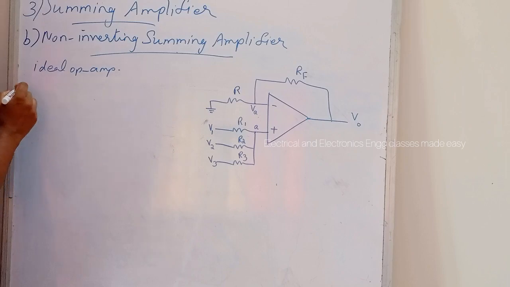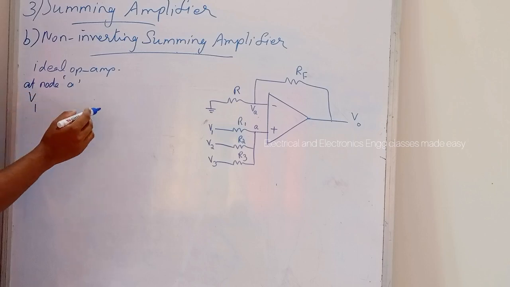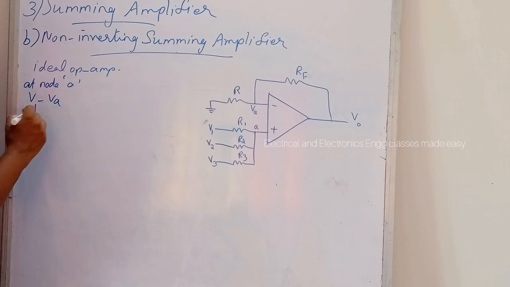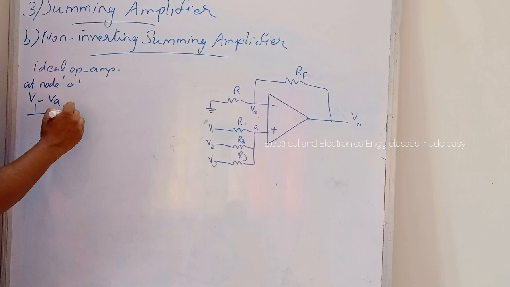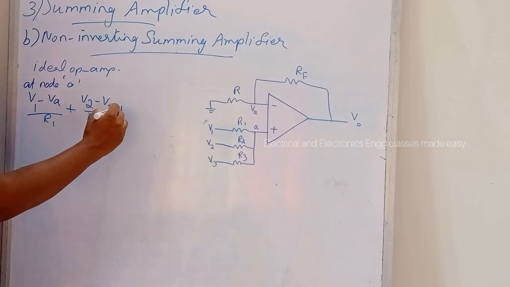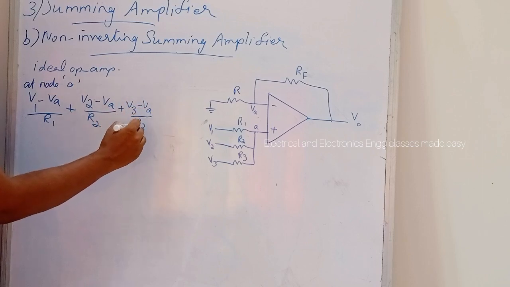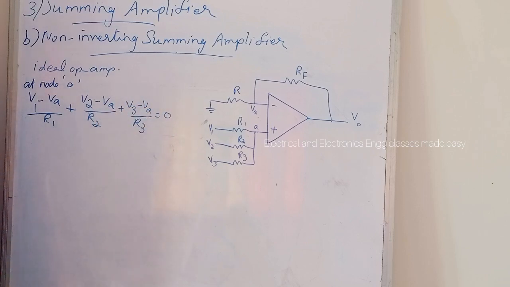So the nodal equation at node A is V1 minus VA divided by R1 plus V2 minus VA divided by R2 plus V3 minus VA divided by R3 equal to 0.